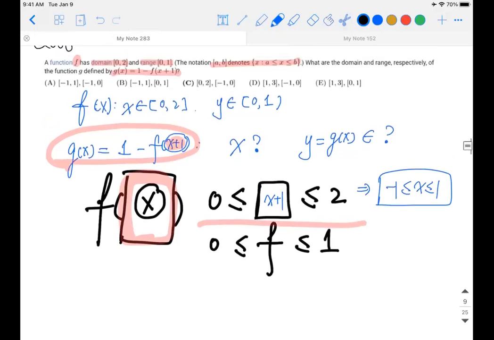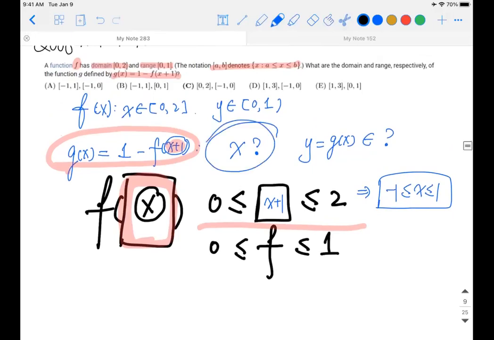And the question asks you, what is the domain for x? X is between minus 1 and positive 1. Okay? Second, the question asks you, what is the range for g(x)?